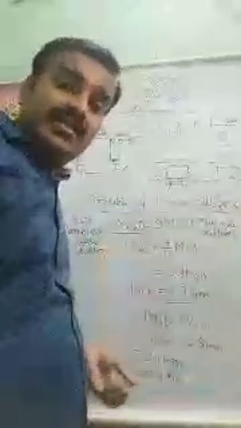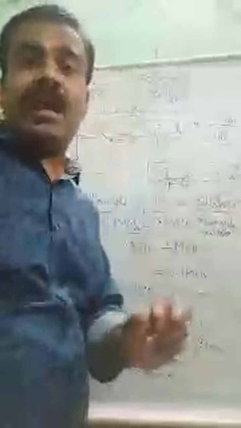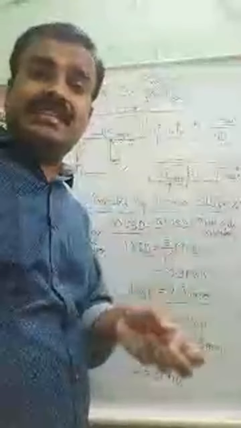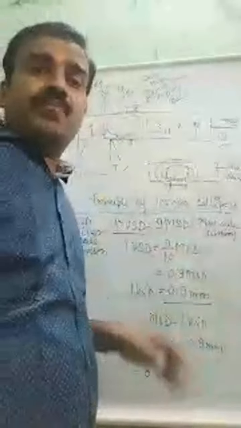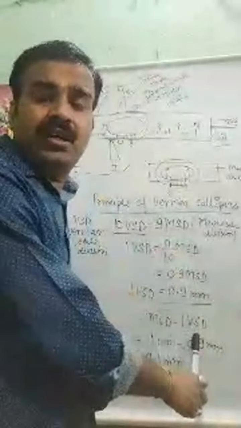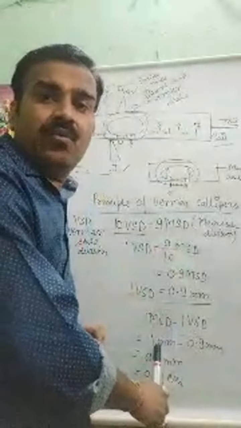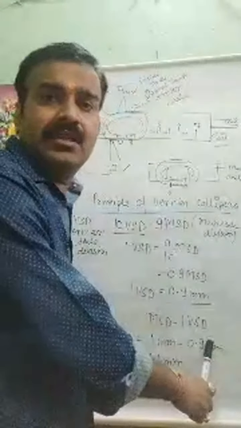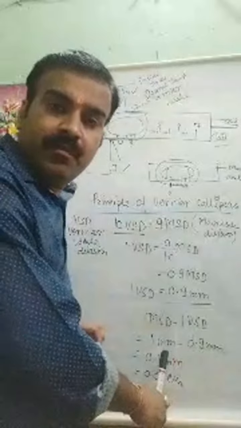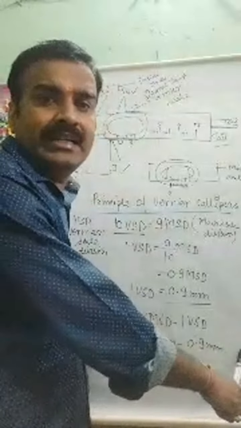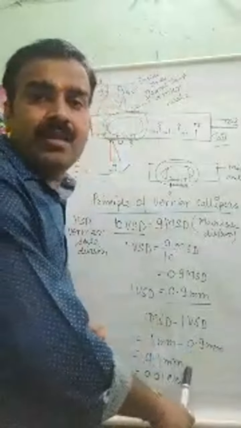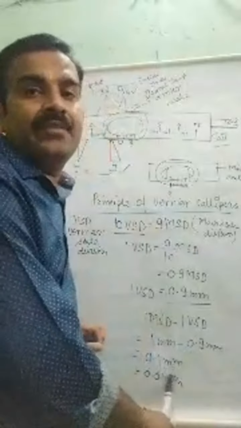That means there will be some difference between the main scale division and the Vernier scale division. So in this way we can find the difference between one main scale division and one Vernier scale division, which is 1 millimeter minus 0.9, or 0.1 millimeter, or 0.01 centimeter.